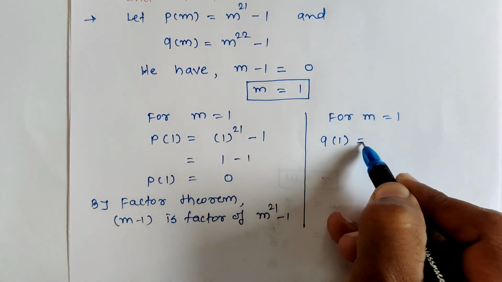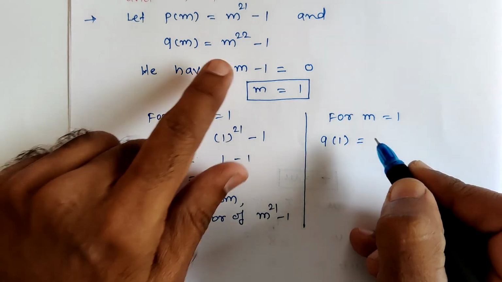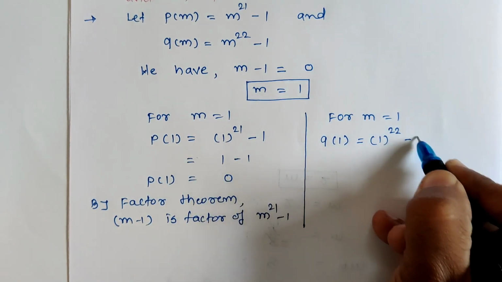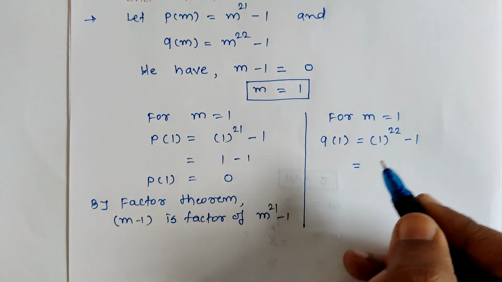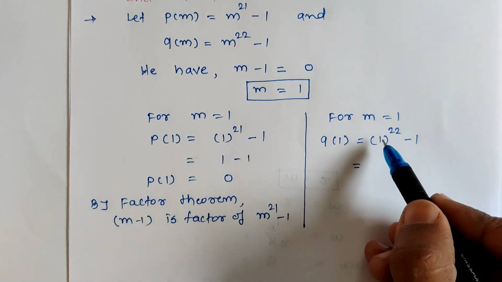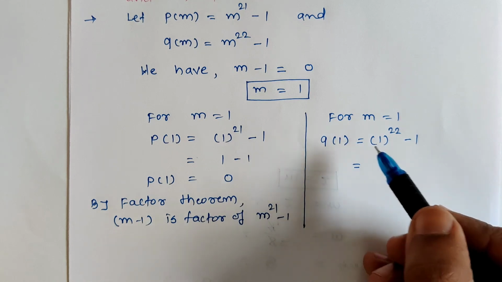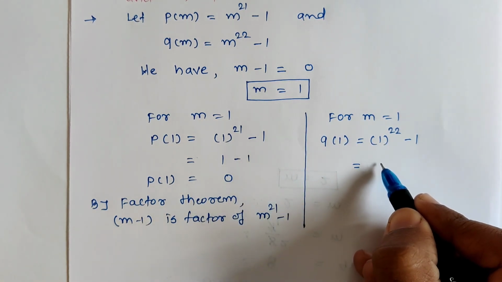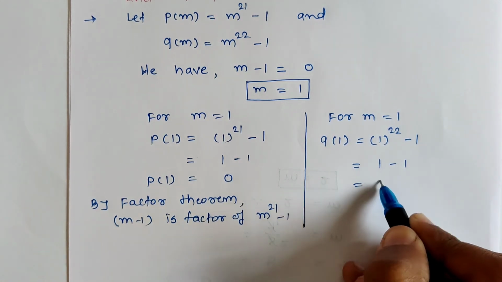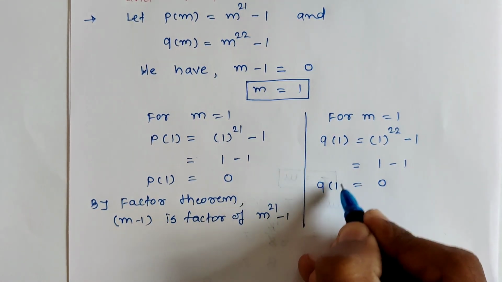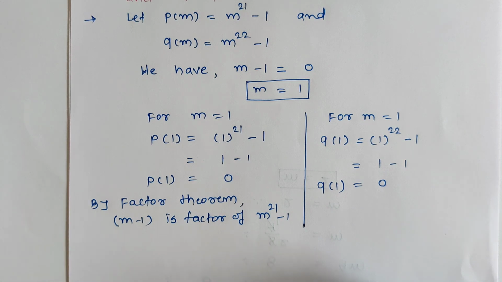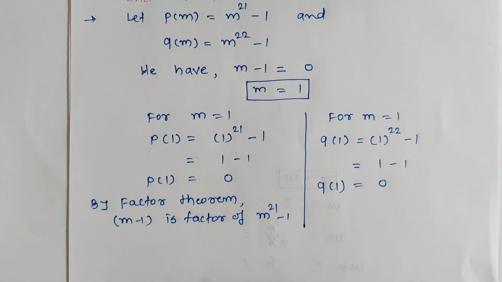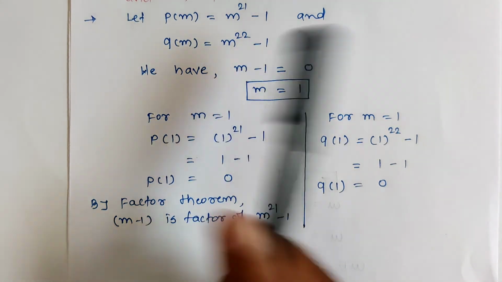We'll find q of 1 that is equal to 1 raised to 22 minus 1, that is equal to, again any power of 1 is 1, that is 1 raised to any number we will get 1 again. So 1 raised to 22 is 1 minus 1, that is equal to 0. So q of 1 is also 0, that means again by factor theorem m minus 1 is a factor of m raised to 22 minus 1.